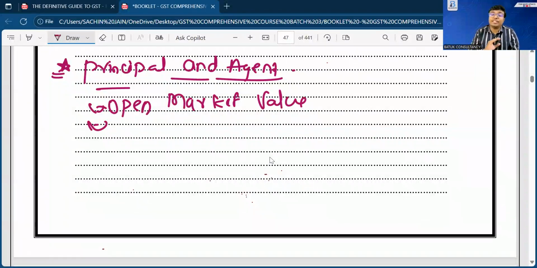If the value is not determined as per the open market value, in that case the other option, government is saying, is that the goods which have been transferred by the principal to the agent, definitely and obviously, the agent is going to sell the same in the domestic market. Am I right? Because when the principal has supplied particular goods to an agent, then obviously the agent is going to sell the same in the domestic market.